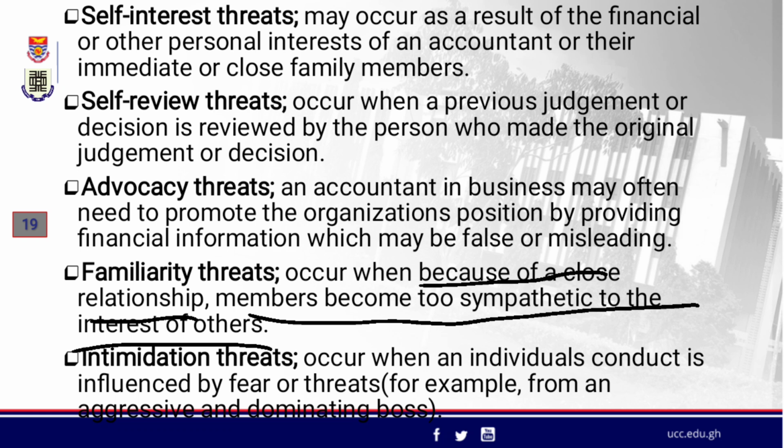If you see any case where a junior accountant is being supervised by a senior boss, like the senior finance controller or senior accountant, you should know that there will be an intimidation threat here, because the senior will instruct the junior on what to do.